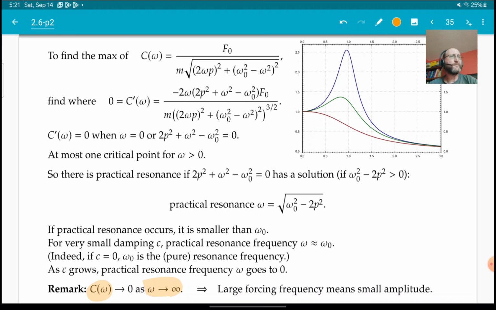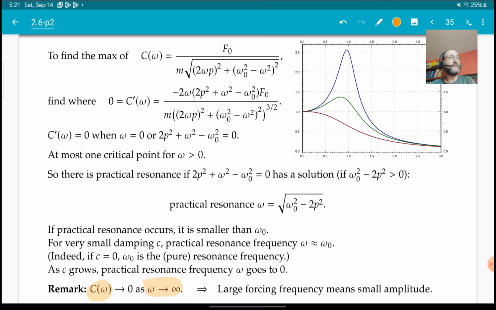And it sort of makes sense. If you're pushing the mass to this side, and then pushing it back, and pushing it there, pushing it back, and you're doing this too quickly, the mass doesn't have time to really respond, so it's just not doing anything.